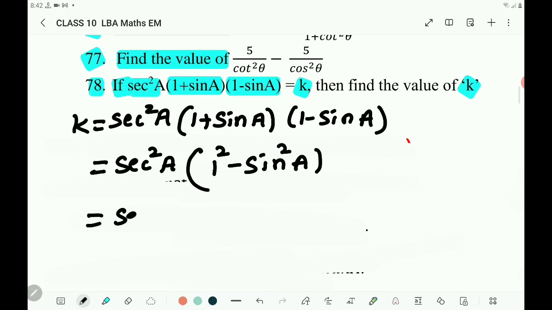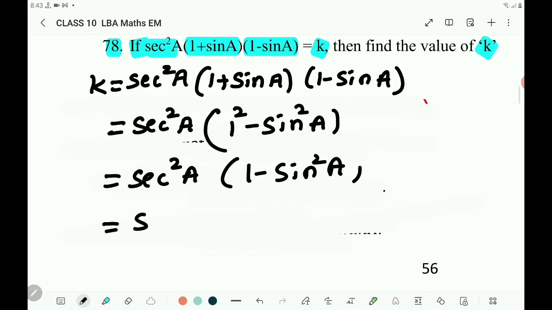You can write it as secant square a into 1 minus sin square a. 1 minus sin square a is cos square a. Here secant square a, cos square a.